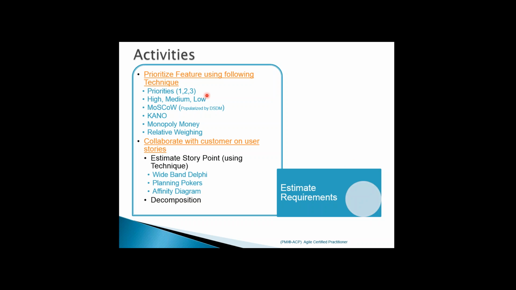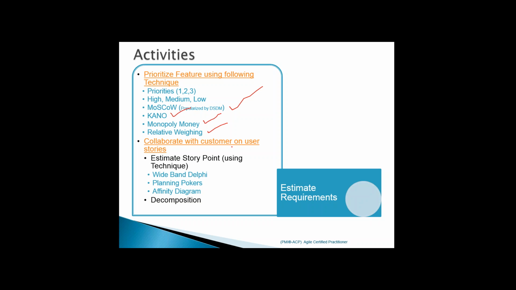The next thing is you can also classify as high priority, medium priority, or low priority. There is another technique called MoSCoW. Right? And then we have the Kano model, monopoly money, relative weighing. Right? We'll discuss all these. We are going to do a deep dive as we move forward.